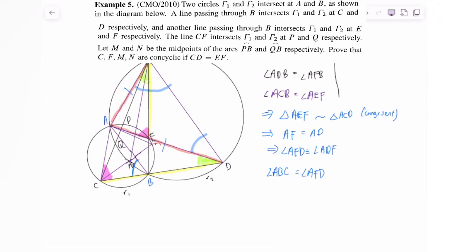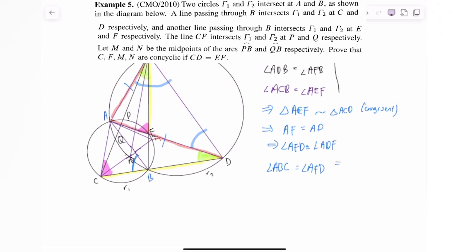Okay, which is also equal to angle ADF. So ABC is equal to ADF, which is also equal to angle ABF.